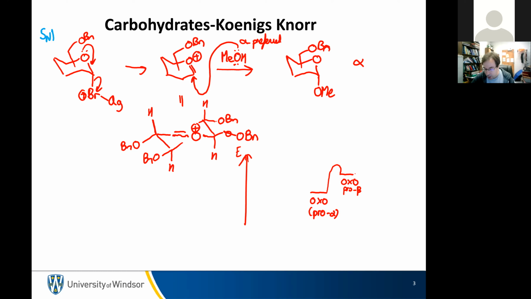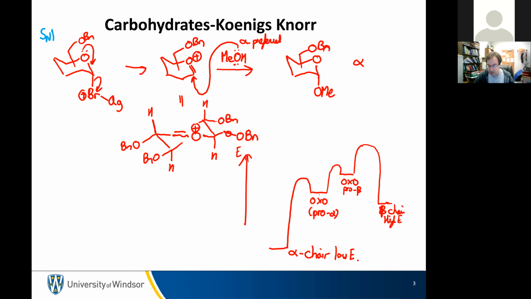Then this has to go through a high energy boat to a high energy chair. Chairs are still better than twist boats, but beta chair, high energy. Whereas this guy needs to go through a lower energy barrier to the alpha chair, low energy. So there's sort of 4 of these things.